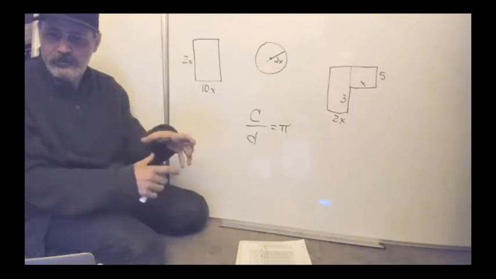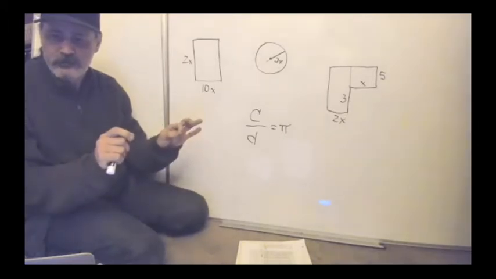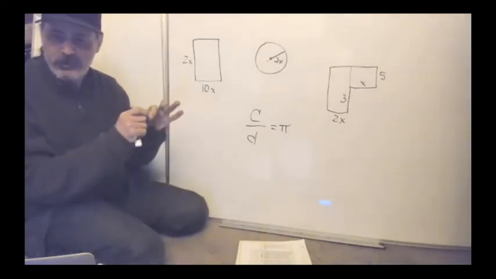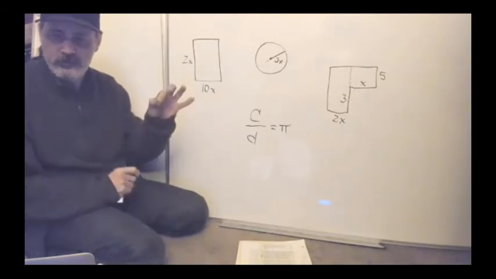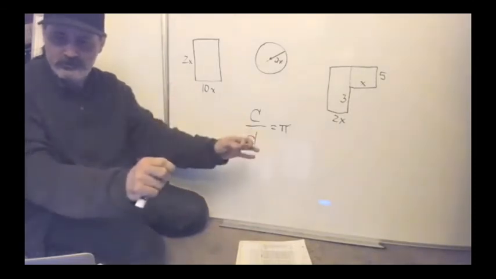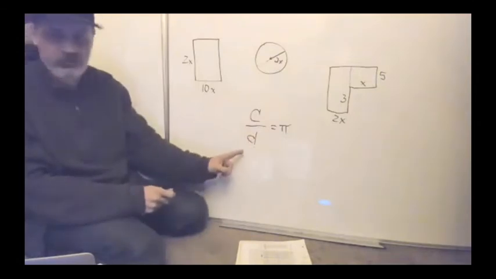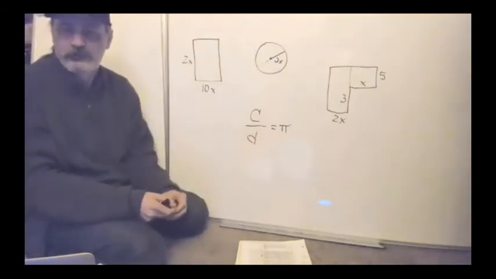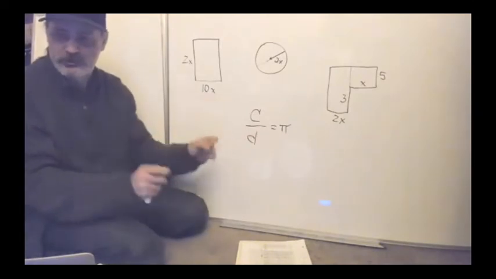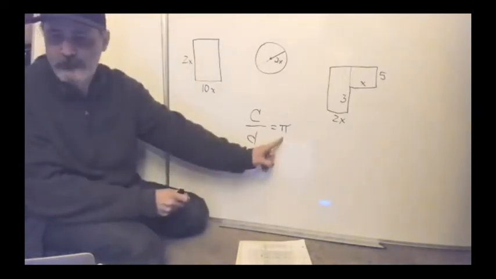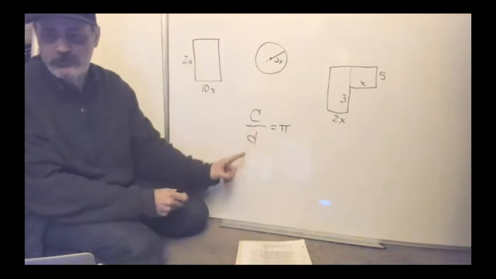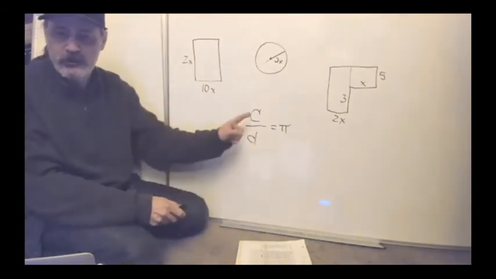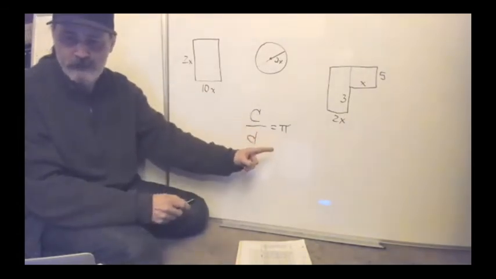You take a can, take a string, put the string around the can, right? And then measure that. That's the circumference. Measure the diameter, and you'll get pi. Now, of course, there's going to be a little estimation issue when you do the measuring, so it'll be close to pi depending on how accurate you are when you do your measuring. But that's where pi comes from.